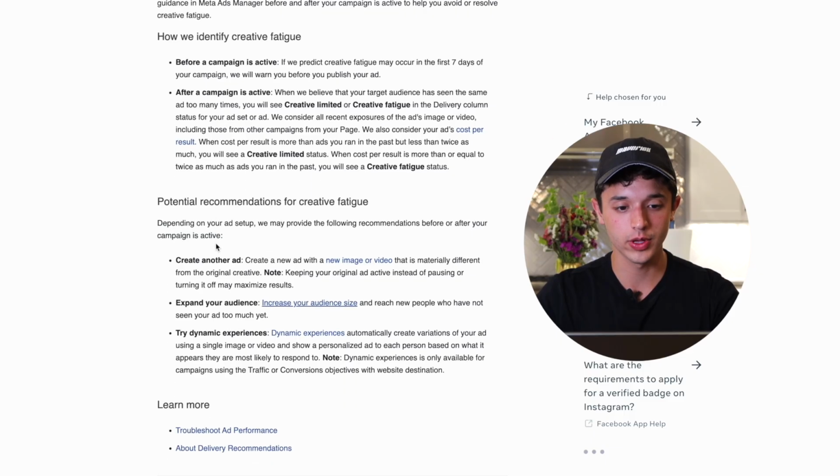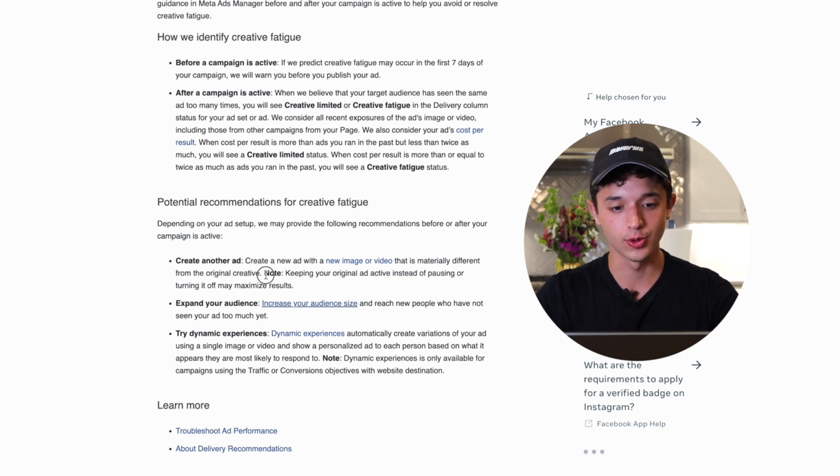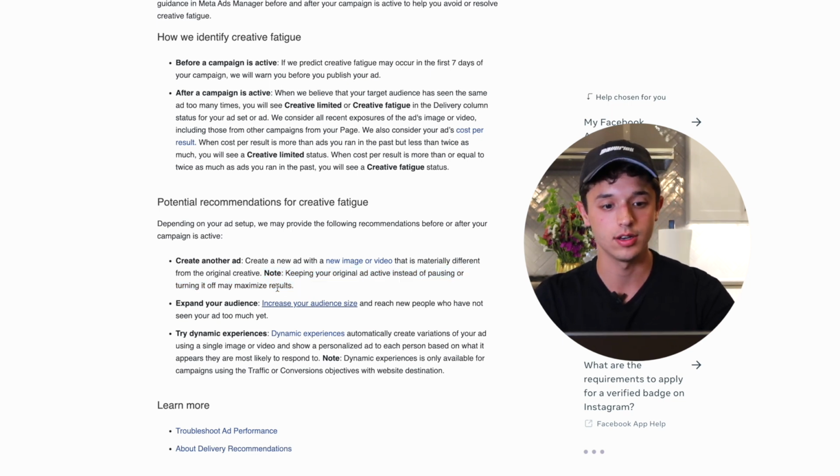It's going to be teamwork, and hopefully you can have a mutually beneficial relationship for a very long time like I have. And back here on the article from Facebook, this little note that I read pretty much just confirmed my suspicions, and what I've been seeing work is: note, keep your original ad active instead of pausing or turning it off to maximize results if you're adding in a new ad.